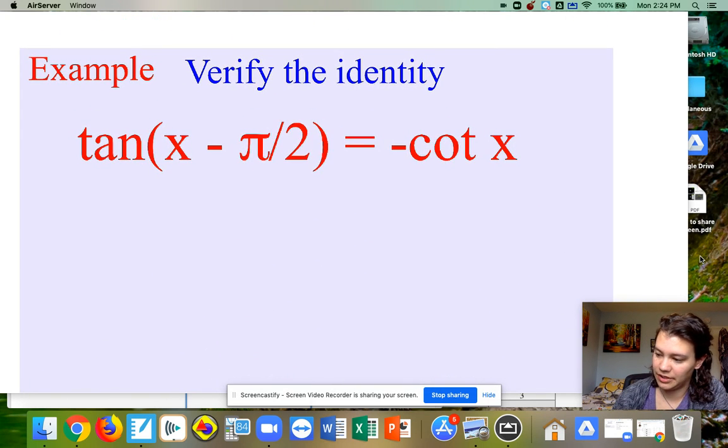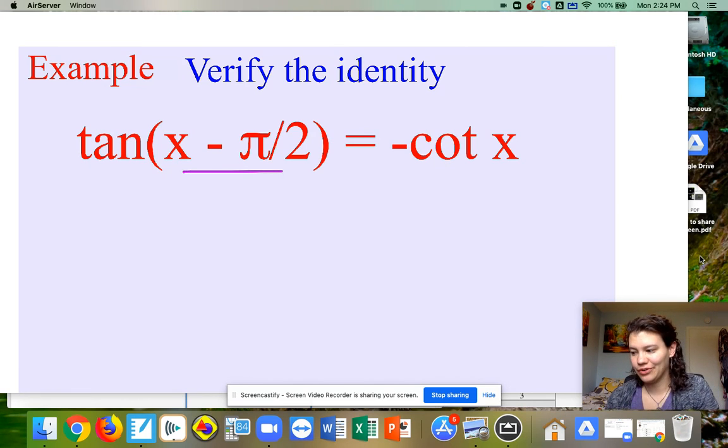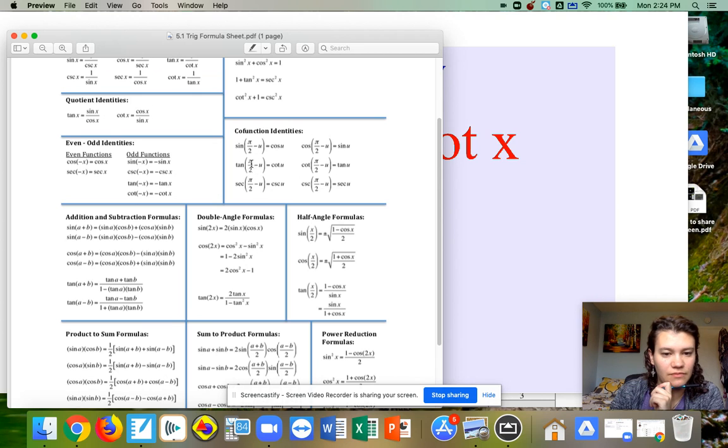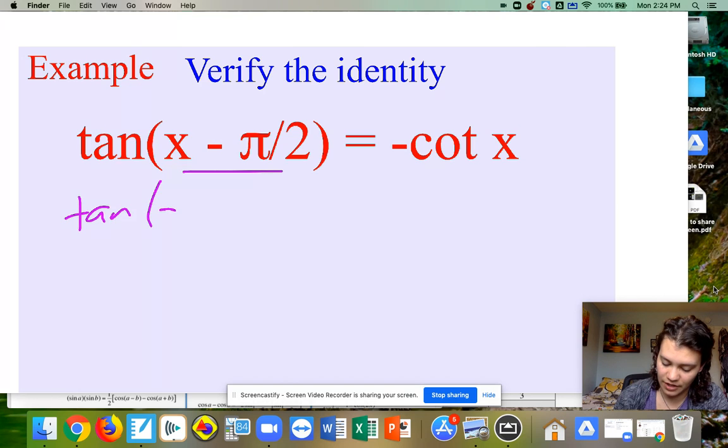The last one here. So we want to figure out what we can do with this. First of all, this almost looks like a cofunction identity, but not quite. If we go back to verifying, I'll come over here. So this is pi over 2 minus u or minus x. This one is x minus pi over 2. So I'm going to factor out a -1 and get tangent of -1, and that's going to switch the signs.